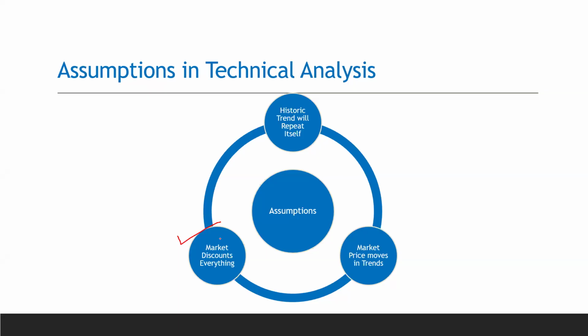Second assumption which technical analysis makes is that historic trends will repeat themselves. So whenever these candles get formed, whatever happened 2 years ago after that candle may repeat today also if the same candle is getting formed. That's why you need to understand the meaning of each and every candle.